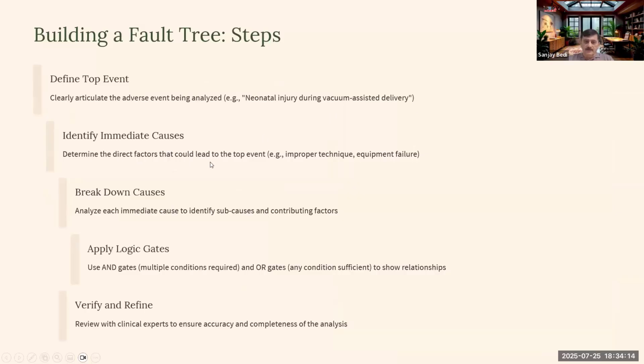Then we determine the direct factors that could lead to the top event, such as improper technique and equipment failure. Break down causes: analyze each immediate cause to identify sub-causes and contributing factors. Apply logic gates, using whatever possibilities to show relationships, and then verify and refine.